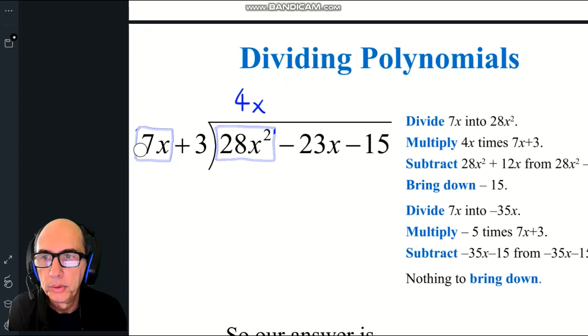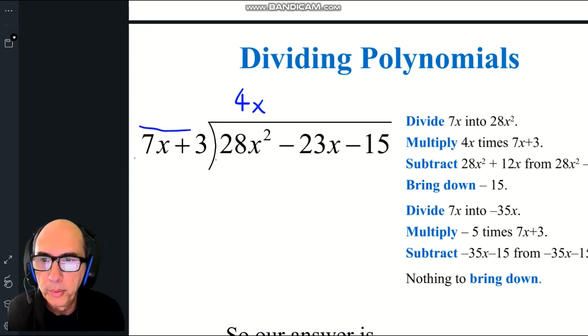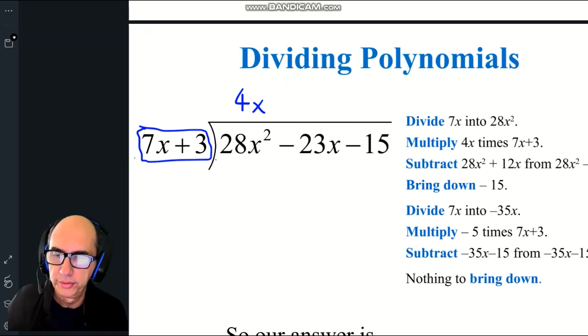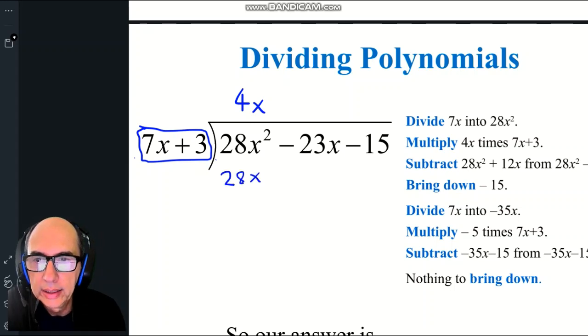Now what we will do is multiply 4x. Now we're going to multiply by both. Multiply 4x by both of the terms in the divisor. 4x times 7x, 28x squared. And 4x times 3 is 12x.